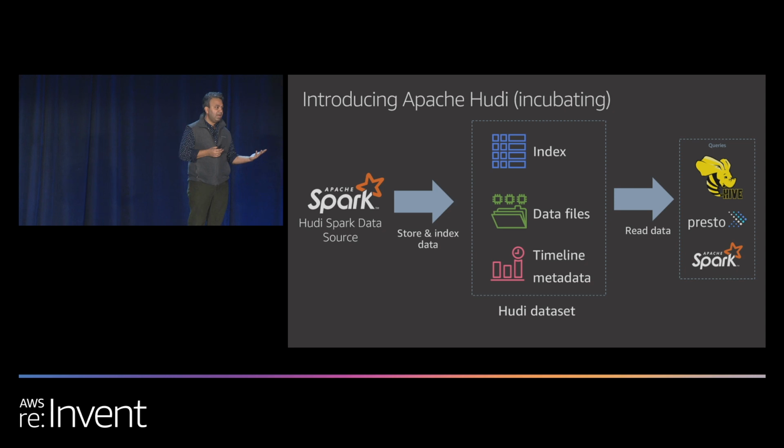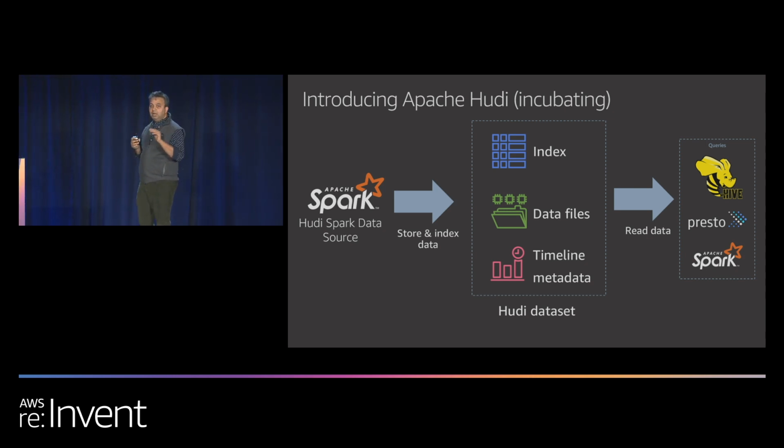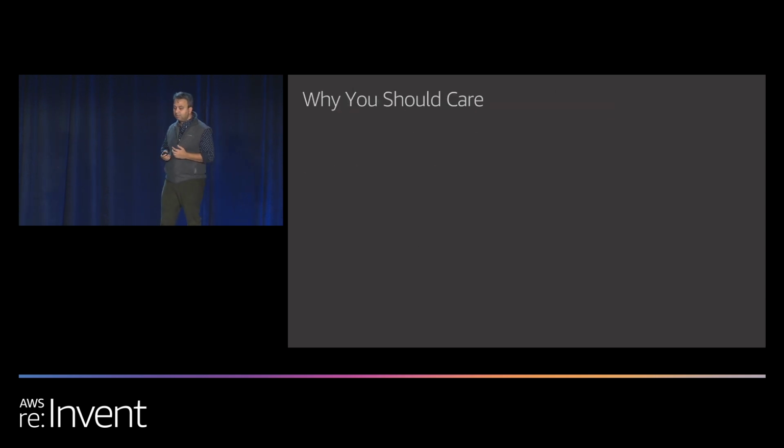So if you're reading data via Hive or Presto, the libraries will need to be integrated with that. So the storage abstraction writes data in a way that allows us to simulate updates, inserts, and upserts into the data set. And it does that by writing snapshots of files and writing the files in some sort of a timeline.